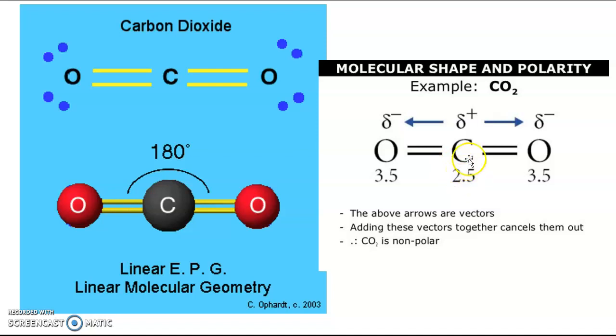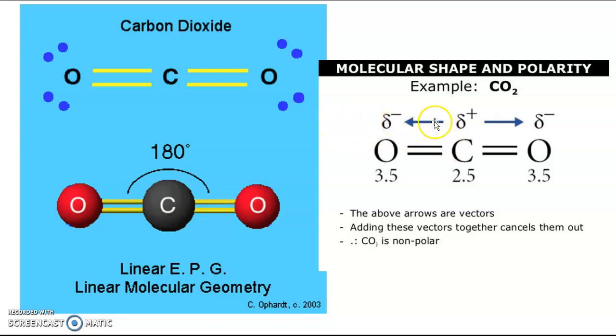Since the electronegativity of carbon is 2.5 and the electronegativity of oxygen is 3.5, you represent a dipole from the carbon to oxygen by means of this arrow, and the same thing for the other bond.